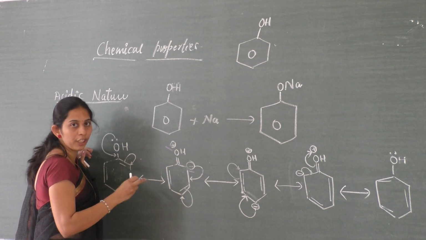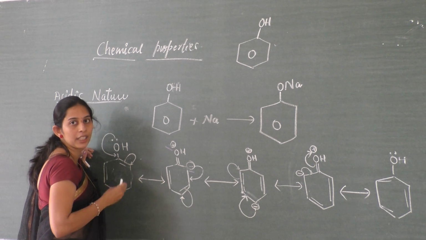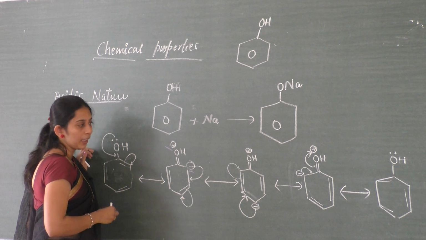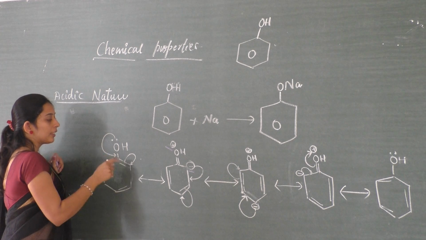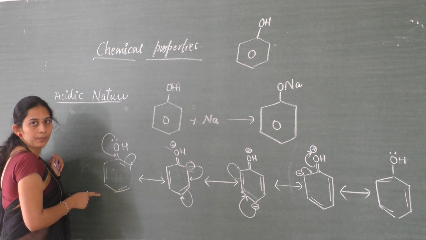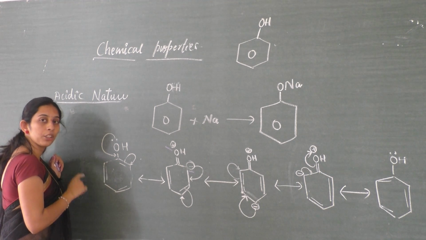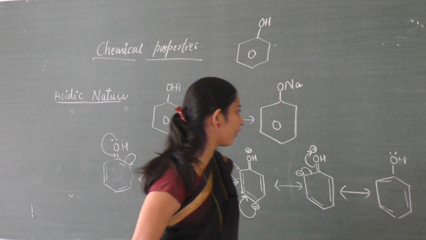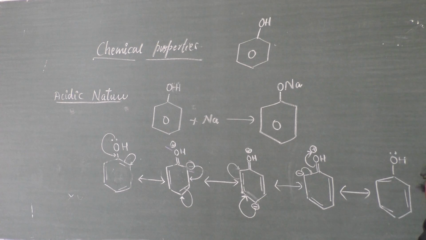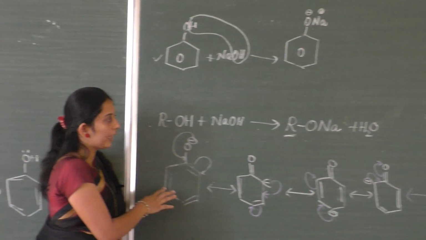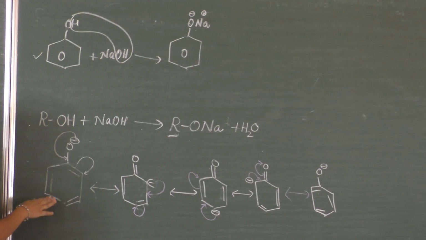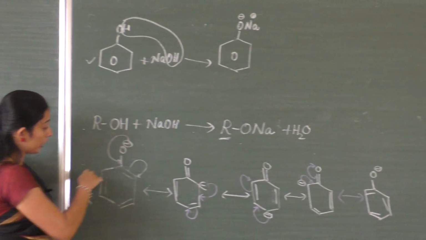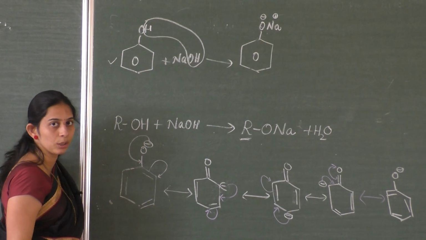So there is a difference in the phenol and phenoxide ion resonance structures. Here charge distribution is observed, in phenol, whereas in the phenoxide ion charge delocalization is observed.